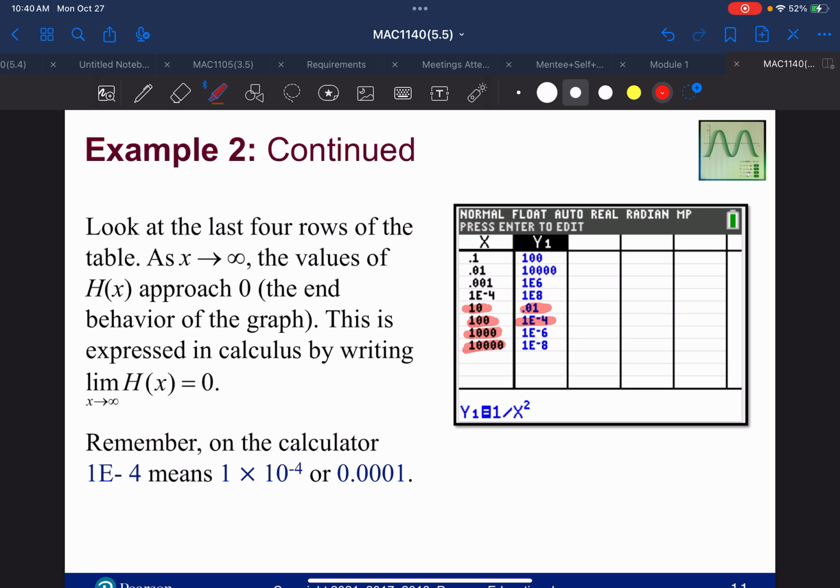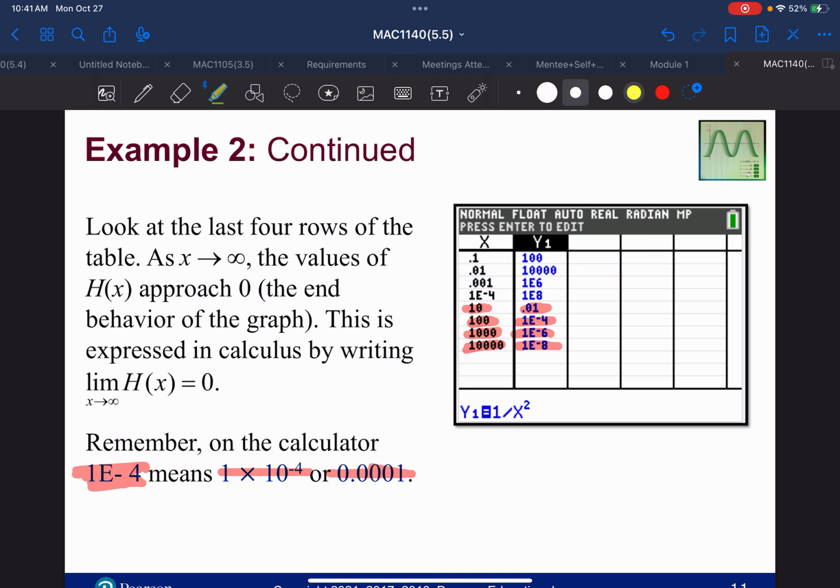When x is 100, I get 1e to the negative 4, which we show right here. 1e to the negative 4 means 1 times 10 to the negative 4. That's scientific notation, and that means 0.0001. So that's getting closer to 0. And then we keep going, as x gets larger, our output values are getting closer to 0.